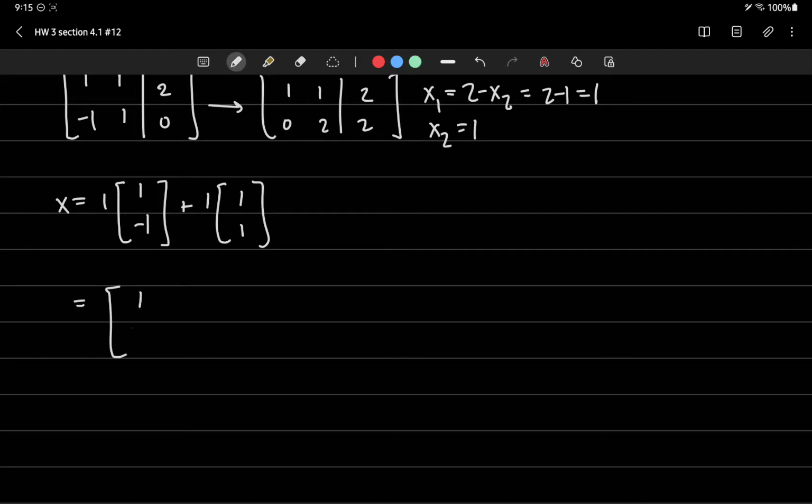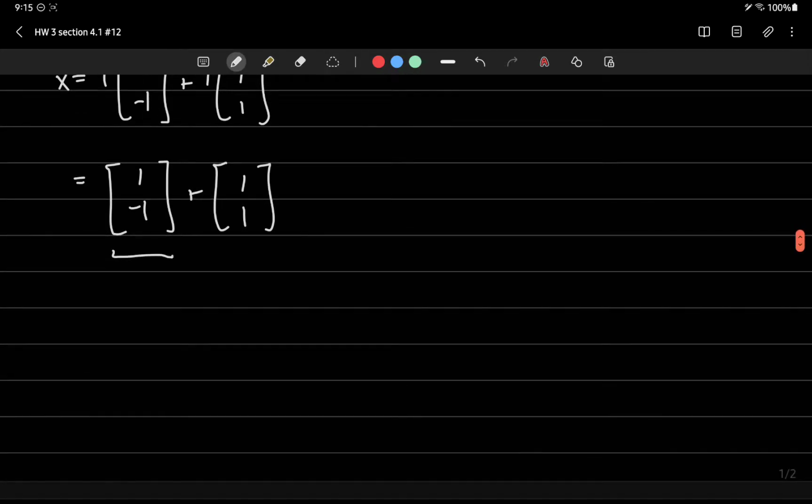This simplifies to 1, -1 plus 1, 1, where the first vector is xr and the second vector is xn. And that concludes part 1 of number 12.